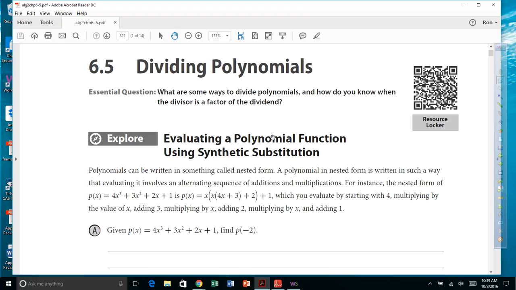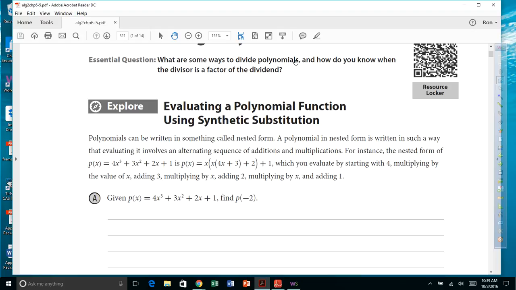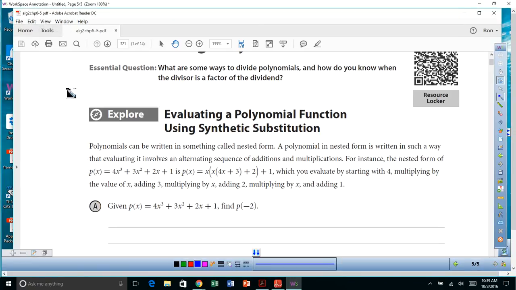Lesson 6.5, Dividing Polynomials. What are some ways to divide polynomials, and how do you know when the divisor is a factor of the dividend? One way is long division. Another way is synthetic division.